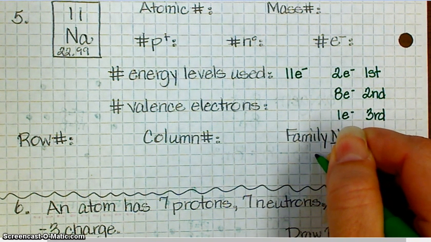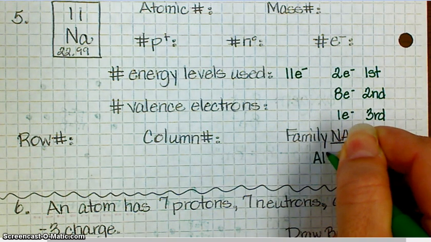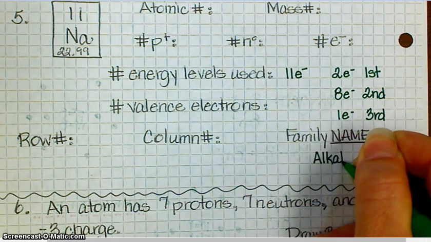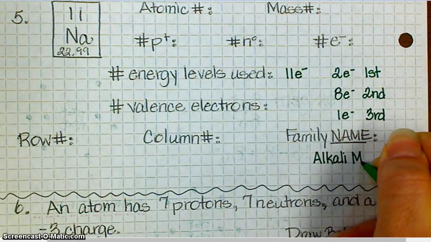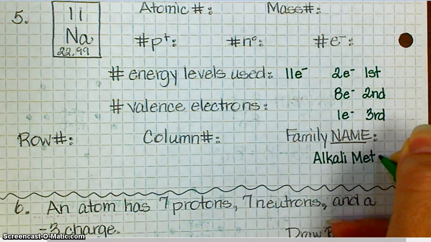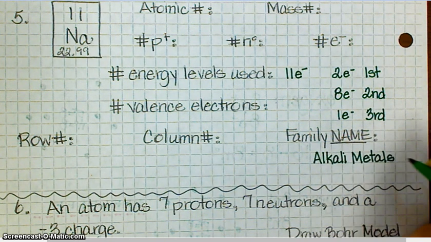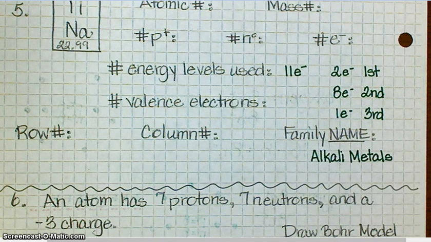There is a name for the elements in column 1, and they are the alkali metals, except for hydrogen. Hydrogen's in that column also, but it's a nonmetal. Okay, so fill that in. There should be more on your paper than there is on mine because you are listening and following along.